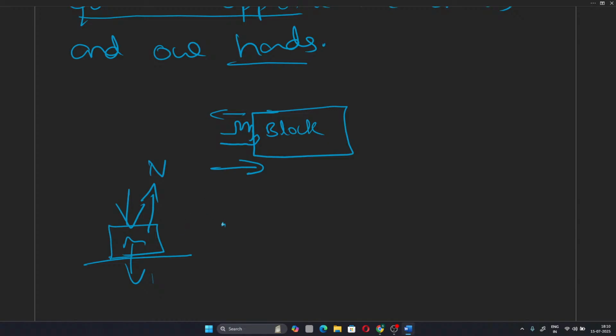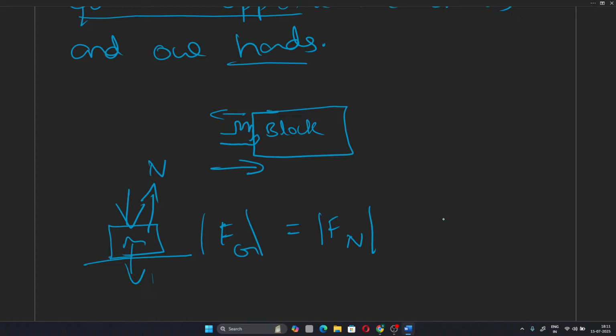In this case, the force of gravity is equal to this magnitude here, in newtons. Why we assume there is a force acting upwards, a normal force, is because if the earth is pulling the block downwards, we know that when there is a force acting on something, it should feel an acceleration.